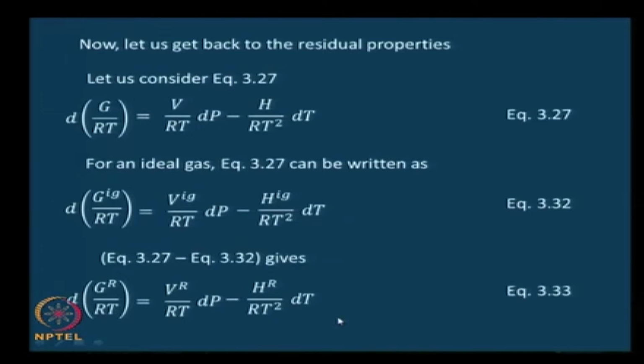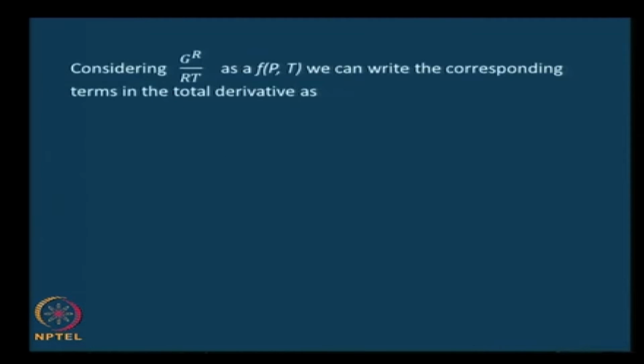Let us call this equation 3.33. Earlier we considered G by RT as a function of P and T and derived the other thermodynamic functions. Now, let us consider G residual by RT as a function of P and T, and let us write the corresponding terms.